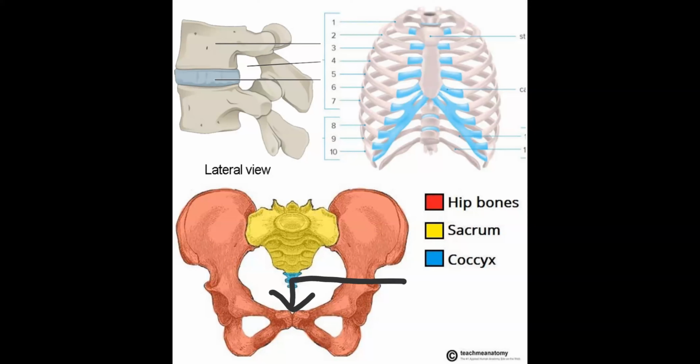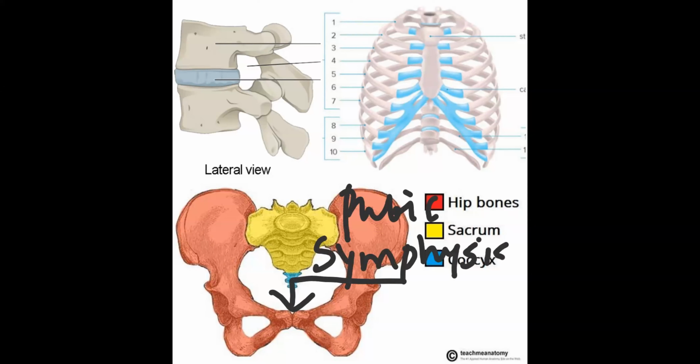I had explained in the last lecture, name of this joint, between the two coxal bones. Pubic symphysis. Pubic symphysis is the joint between the two coxal bones over there.